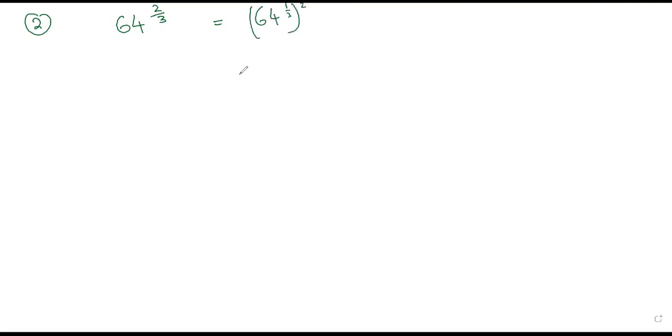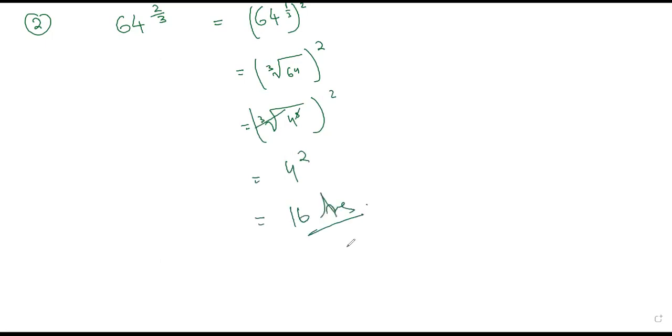Now this is going to give me cube root of 64 whole square. We have just seen that 64 is 4 cube. So I can cancel these two out and I have 4 square, that is 16. Right? So yes, Saneem, your method was 100% correct.